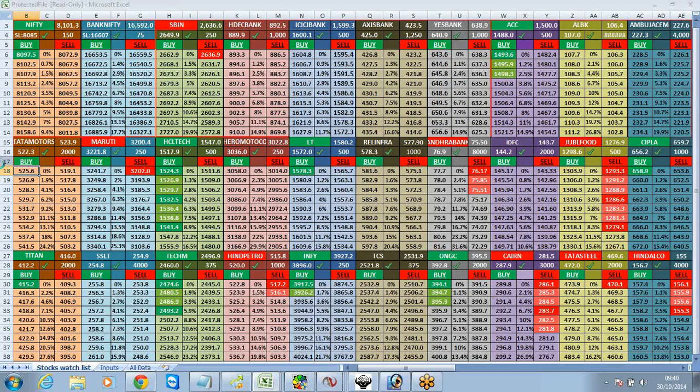So we have the pharma pack and the IT pack active today. Let's change some scripts for Ranback C, Cipla. I think it is a buy call now. Can you see that?